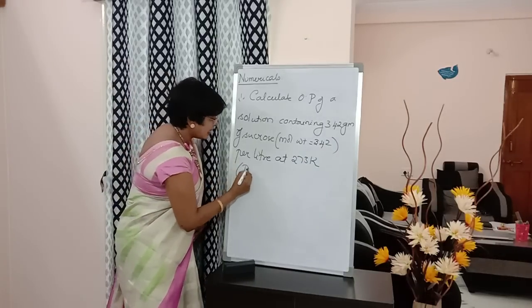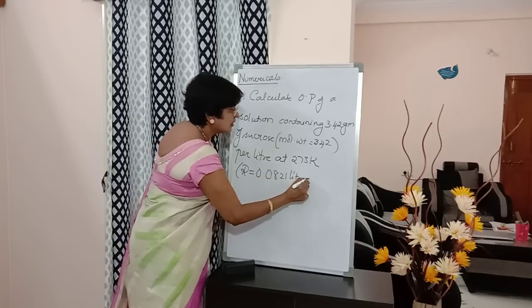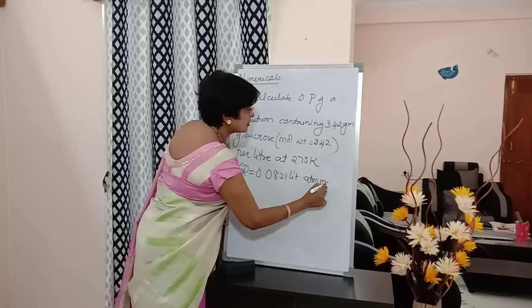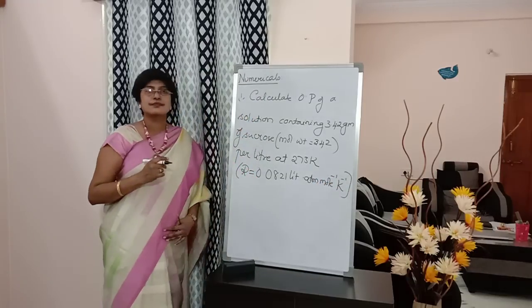Students, in the brackets, write down the value of R, 0.0821 liter atmospheres, mole inverse, Kelvin inverse.